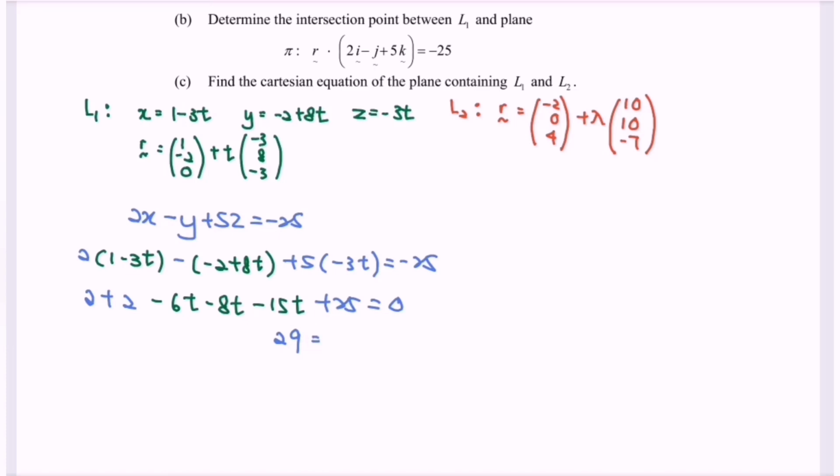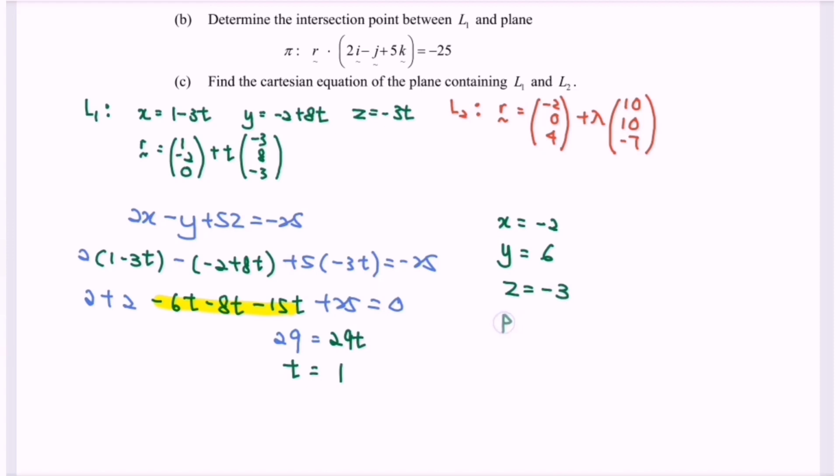If we sum up, we have negative 29t plus 29 equals 0. Rearrange and we have 29t equals 29. So from here t equals 1. Kindly substitute t equals 1 into the parametric equation of line L1. So x equals 1 minus 3t, so negative 2. y, if we substitute 1, we have 6. z equals negative 3.